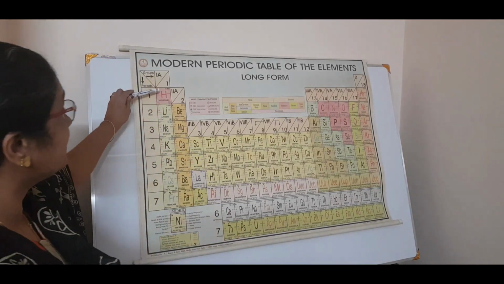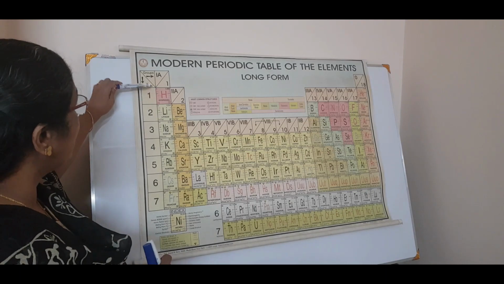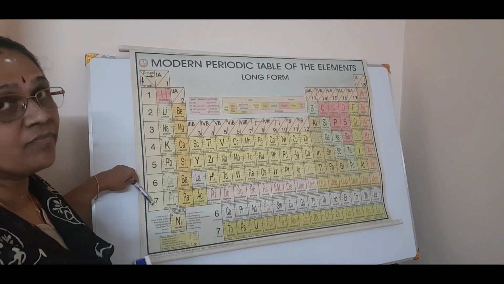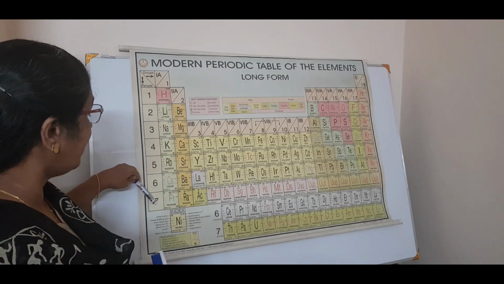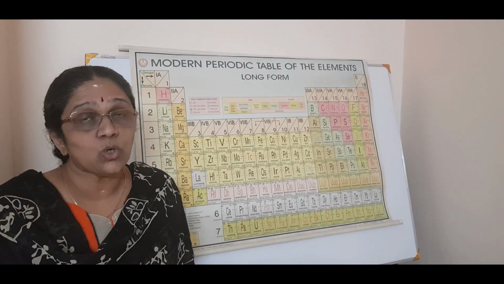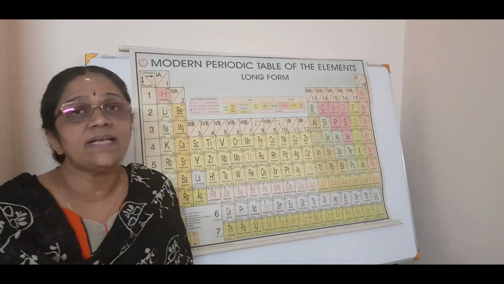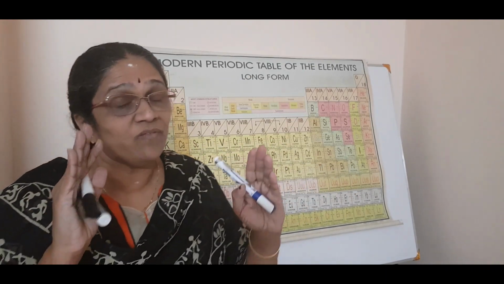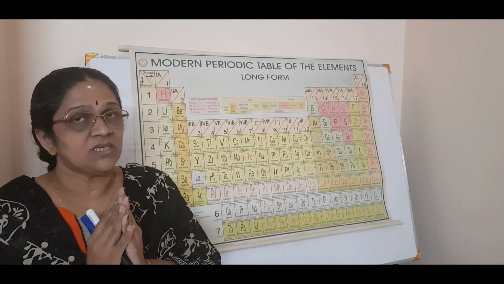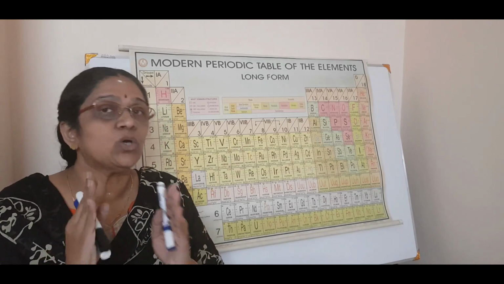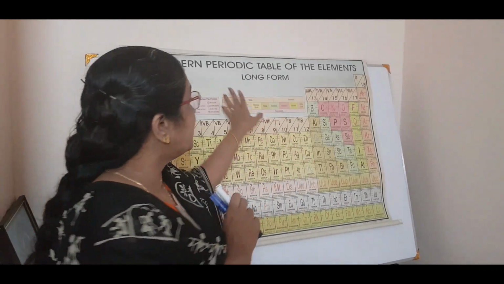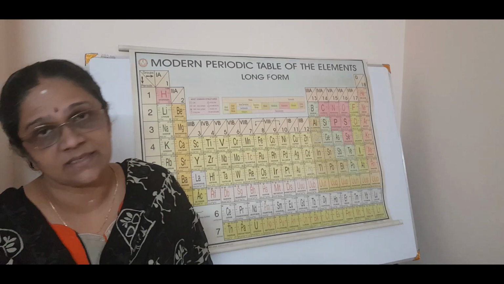And how many periods, how many horizontal rows? Periods 1, 2, 3, 4, 5, 6, 7. So 7 periods are there. Vertical columns are called groups and horizontal rows are called periods. So 18 groups and 7 periods are there in the modern periodic table of the elements.